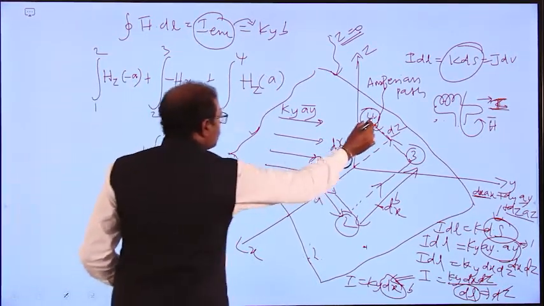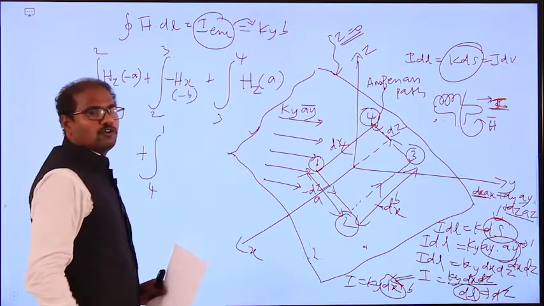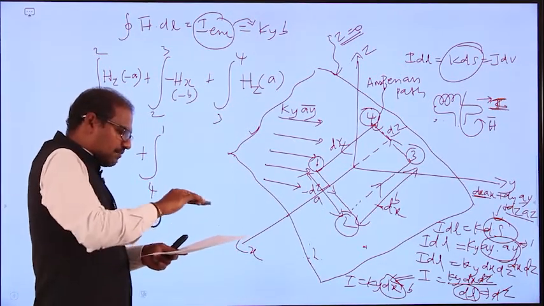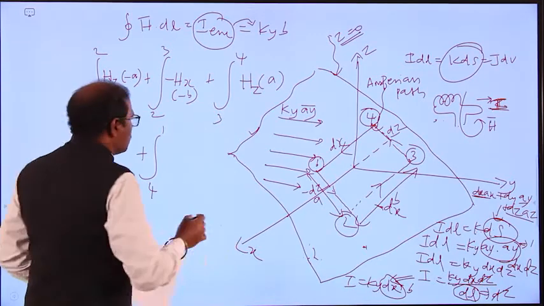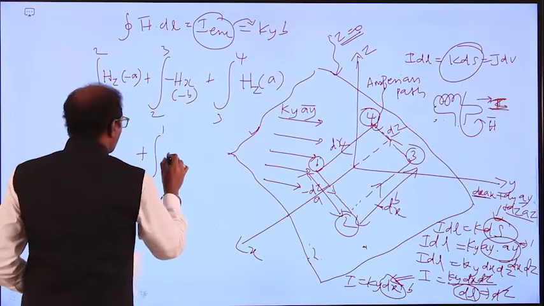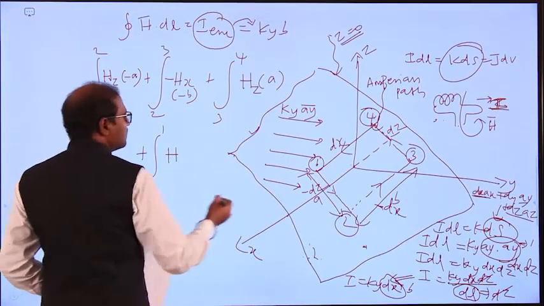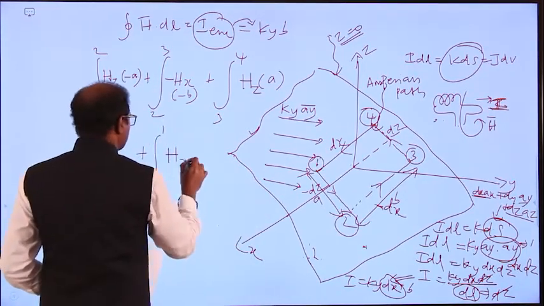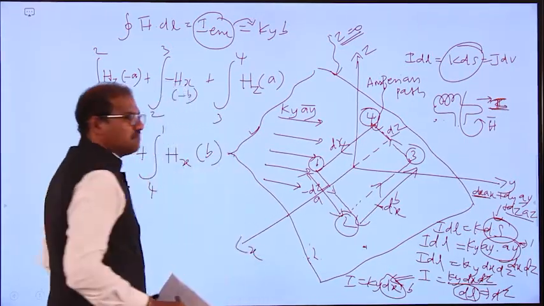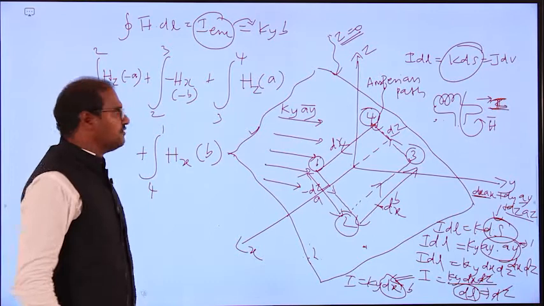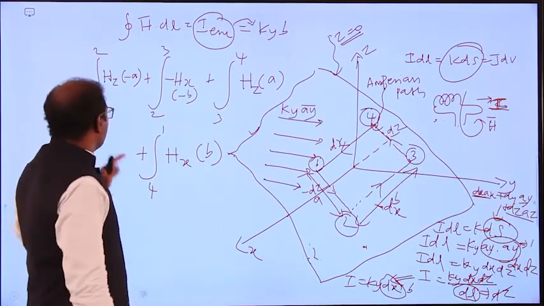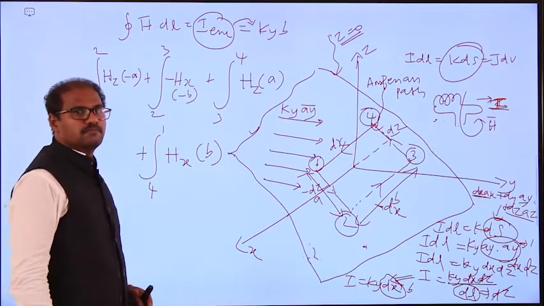Again we go to 4 to 1. Above the sheet, the field component will be coming, so we take this again in the x direction only. The magnetic intensity H is in the x direction only, with dimension B. Like that we can assign the magnetic intensity along the ambient path.